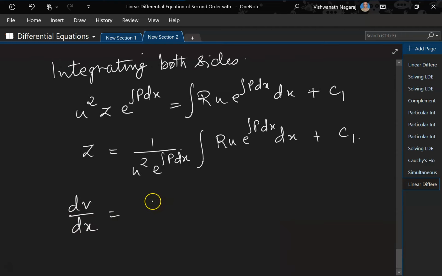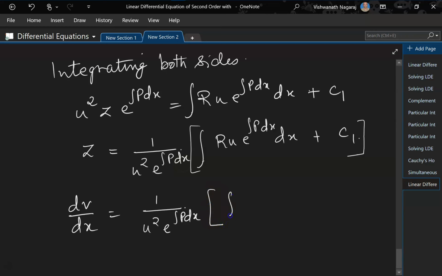Okay, so this all becomes u square e to the power of integral of p dx, and this we have to put in the bracket, because when we bring it to this side, it is applicable to both.